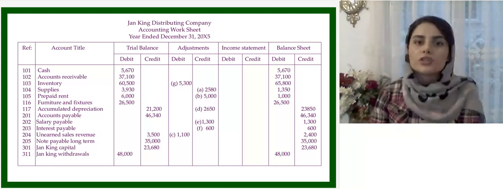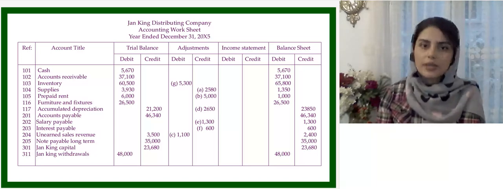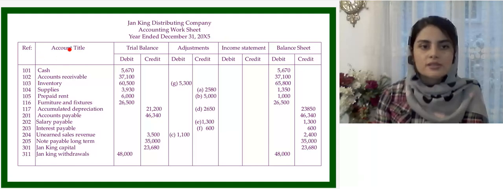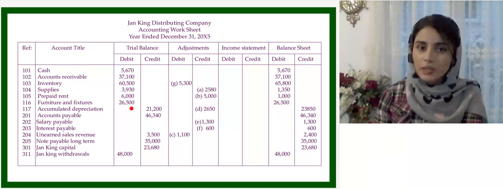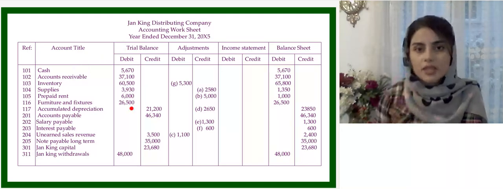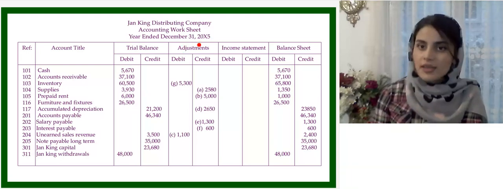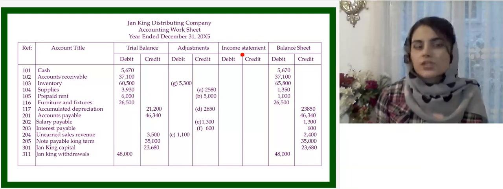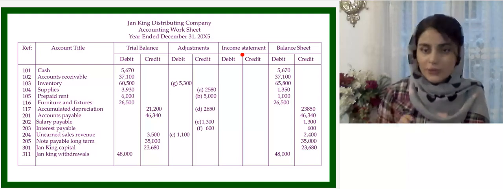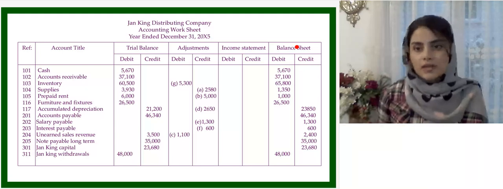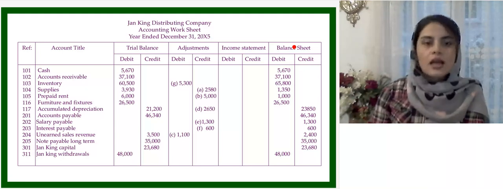And here we have the worksheet of Junking Distributing Company, year ended December 31, 2005. The first item references the account title, then the trial balance, which is the amounts at the beginning of the company, then the adjustments, the entries that we worked on, and then the income statement, which includes expenses and revenue, and then the balance sheet with assets, liabilities, and owner's equity.